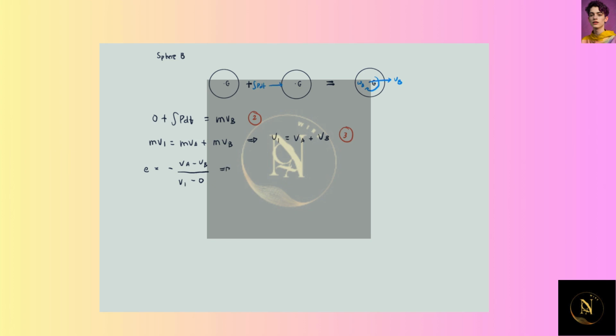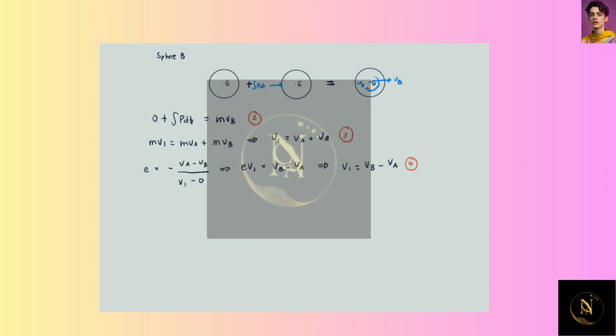This can be written as E V1 equals VB minus VA. And since E is equal to 1, because the impact is perfectly elastic, we'll have V1 equals VB minus VA. This is our equation 4.